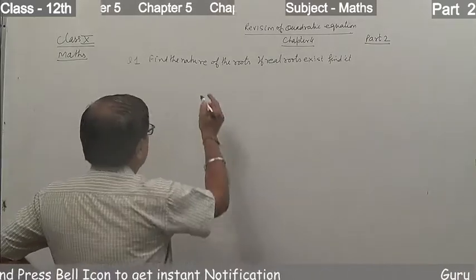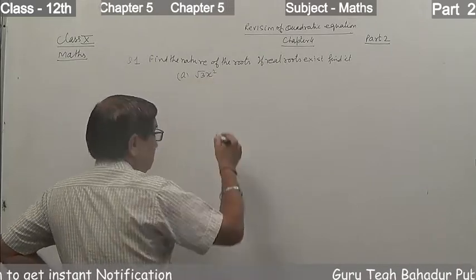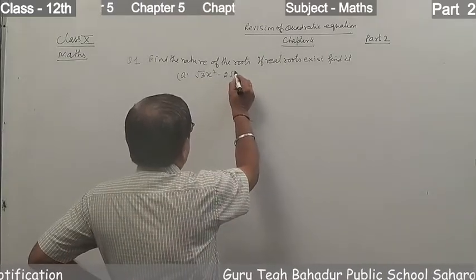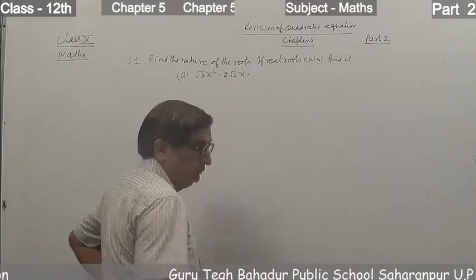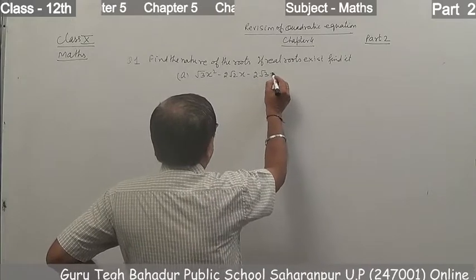First part, you see it: root 3 x square minus 2 root 2 x minus 2 root 3 is equal to 0.